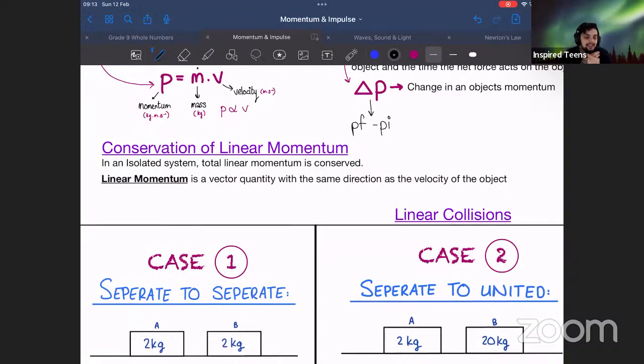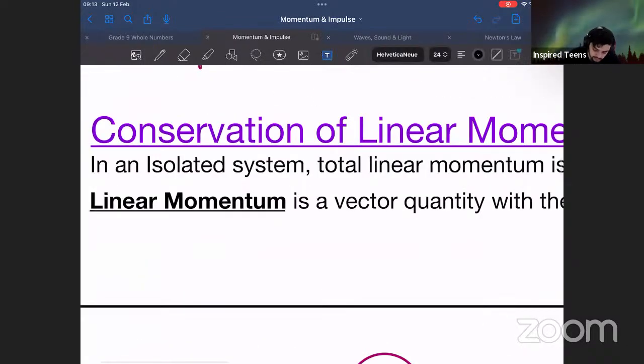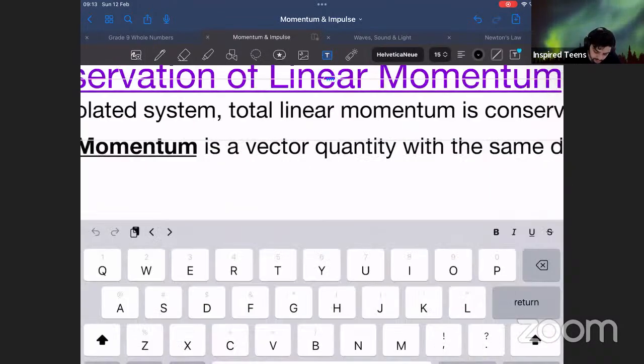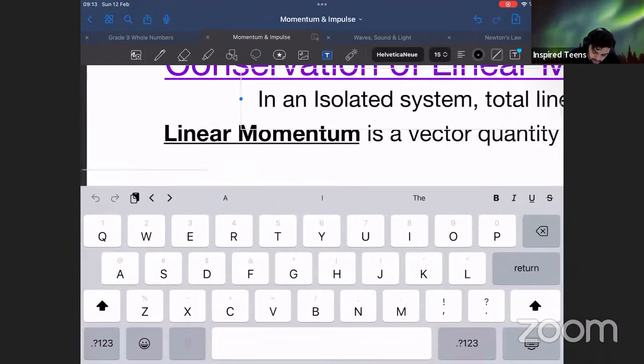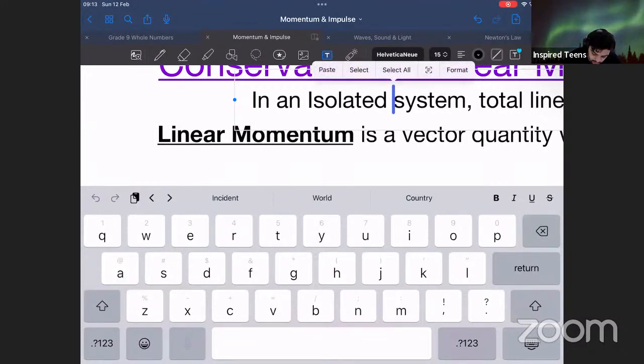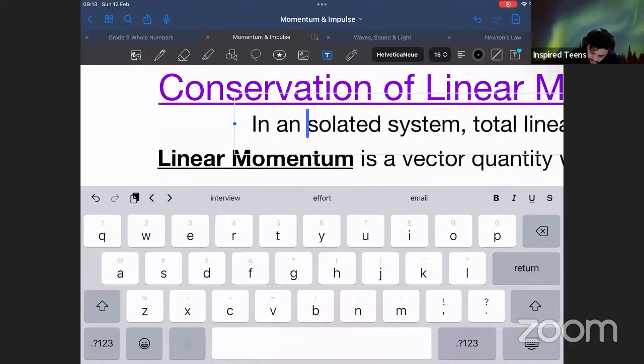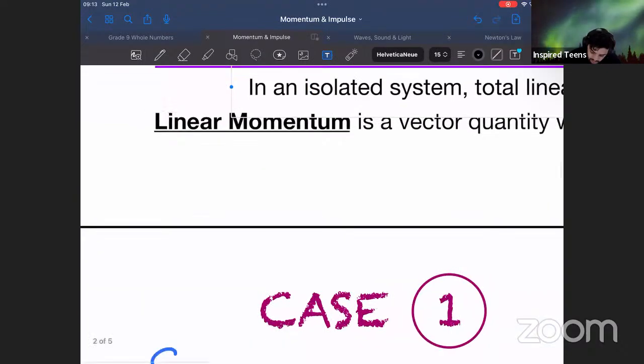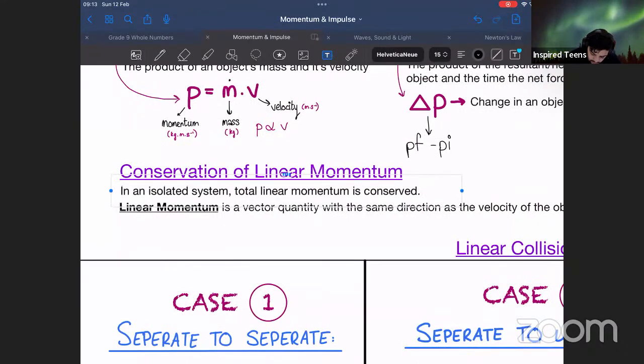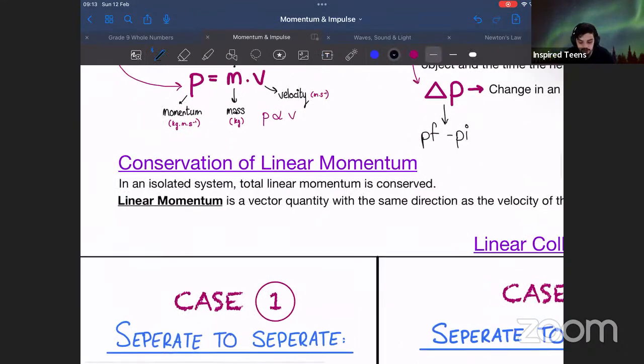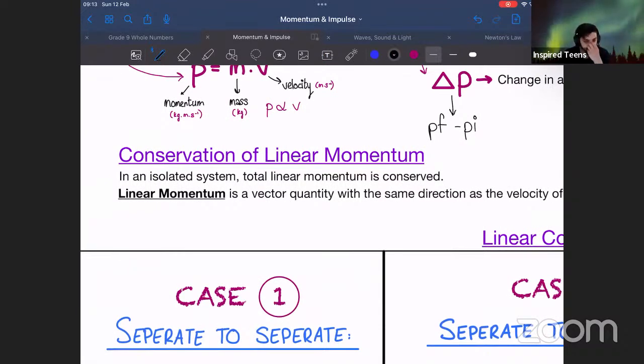The definition is: in an isolated system, total linear momentum is conserved.